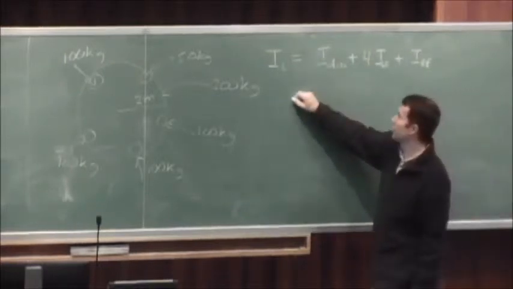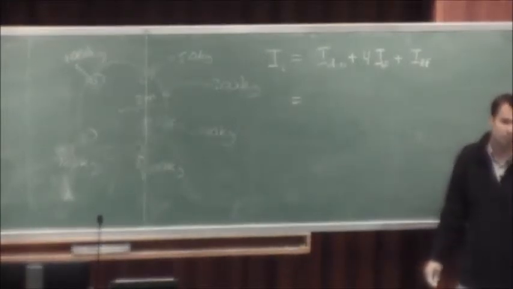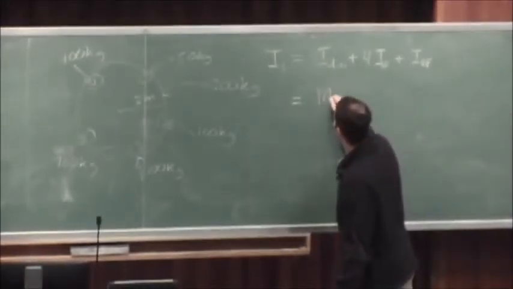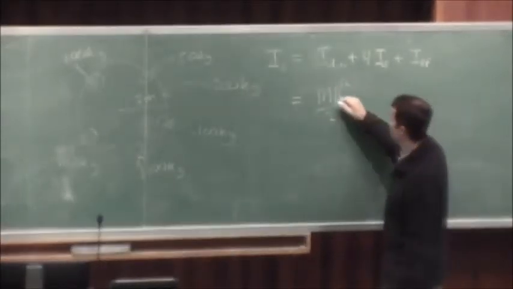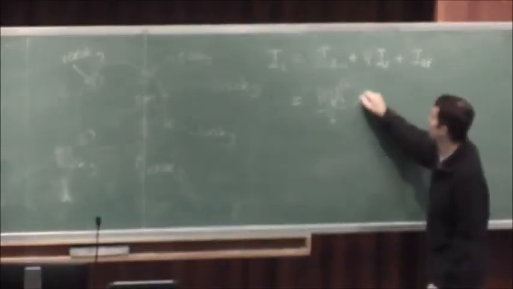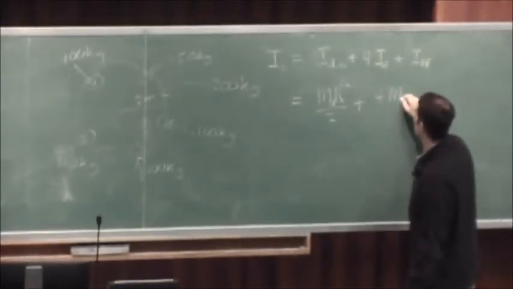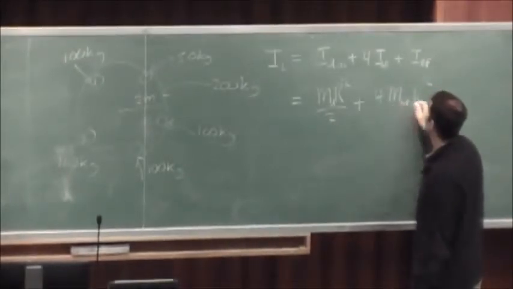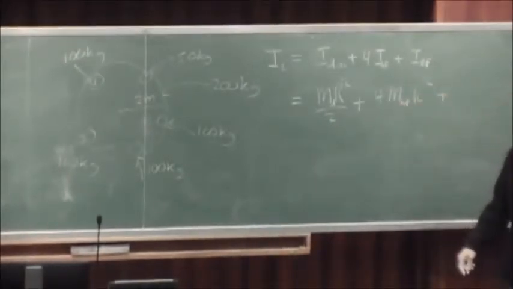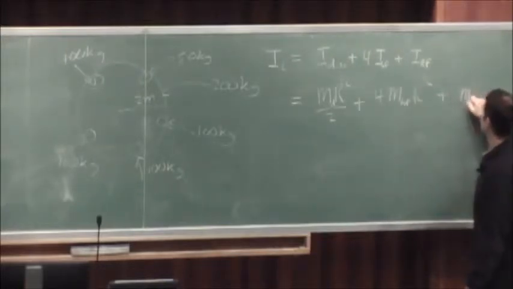What is the moment of inertia of a disk? M r squared over 2. So I'll say the mass of the disk over 2, plus 4 times the mass of the heavy friends times the radius squared, plus the mass of the light friend times the radius squared.